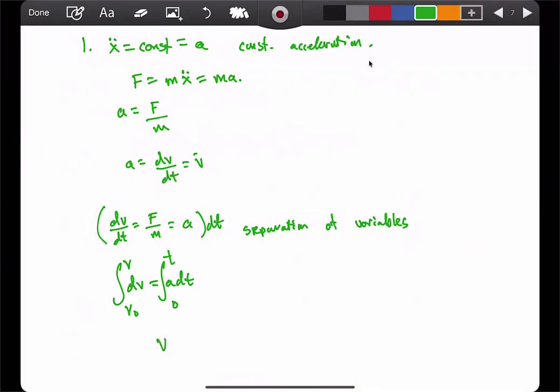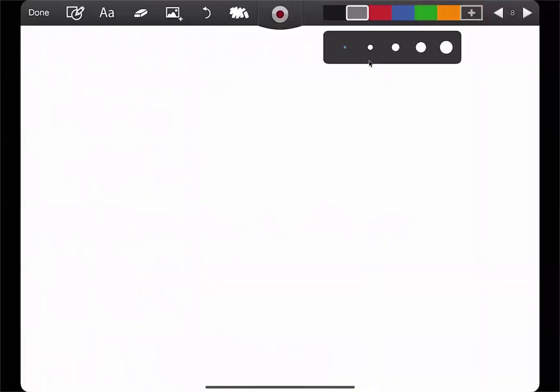This gives me v minus v0 equals a times t, or v equals v initial plus a times t. Now, of course, those of us who have taken physics 1 will recognize this as simply the first kinematic equation.